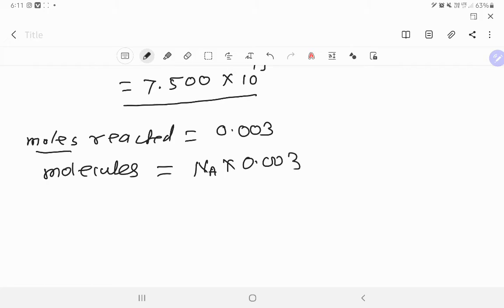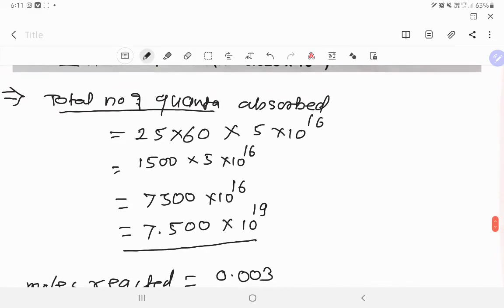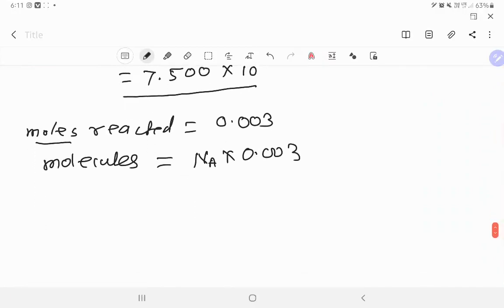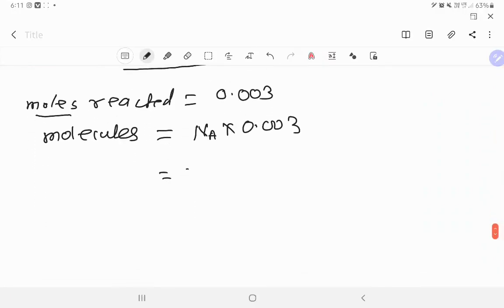What is the value of Avogadro's number? It is again given. That's why it is given here. 6.023 into 10 raised to 23. Therefore, 6.023 into 10 raised to 23 into 0.003.